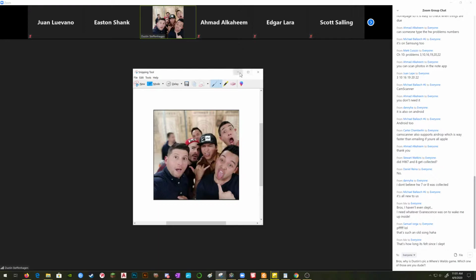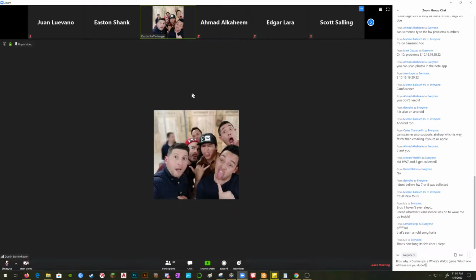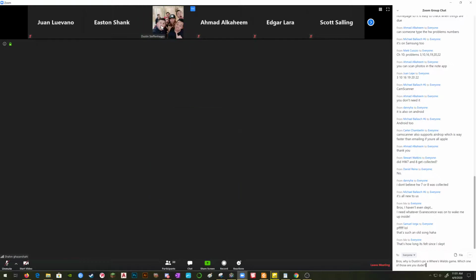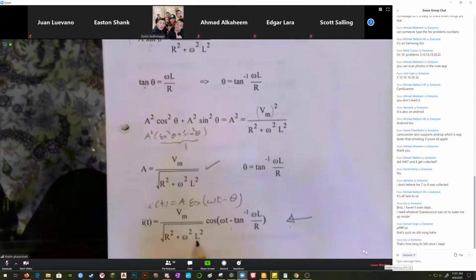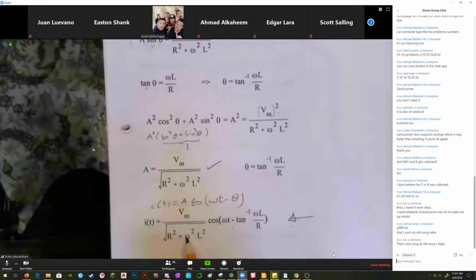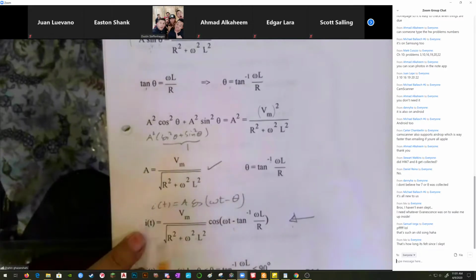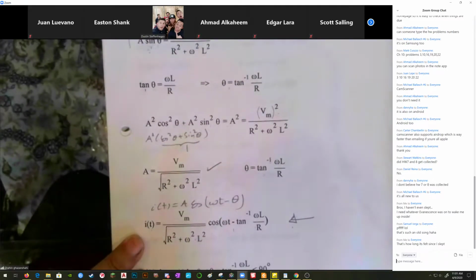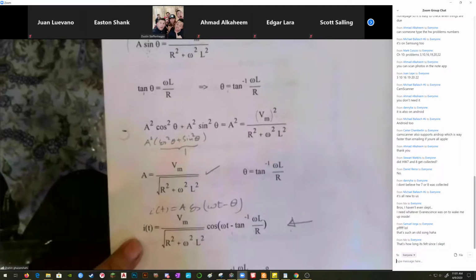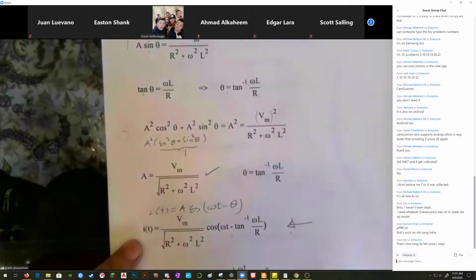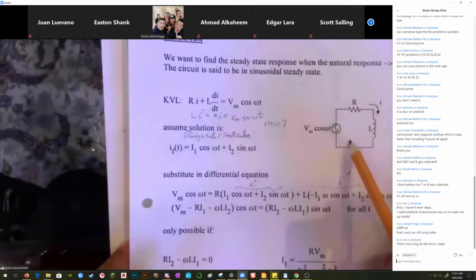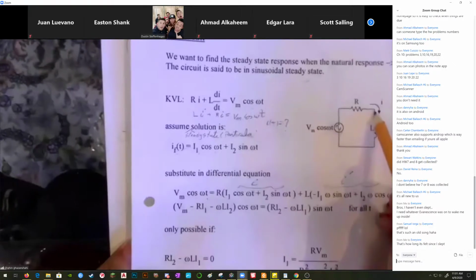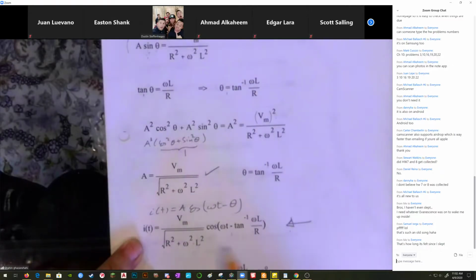But later on, this analysis is going to take two minutes instead of two pages. It's two lines. But you need this for homework 9. So this is the current in that RL circuit. And the purpose of this is to show you why we go to the complex domain, because just for one loop, if I want to calculate the current, you're going to have two pages minimum to get the answer.